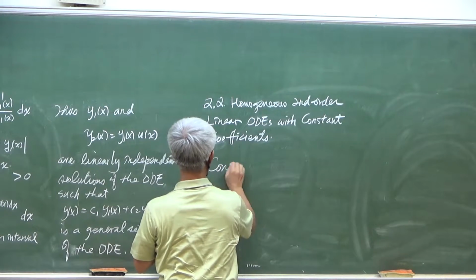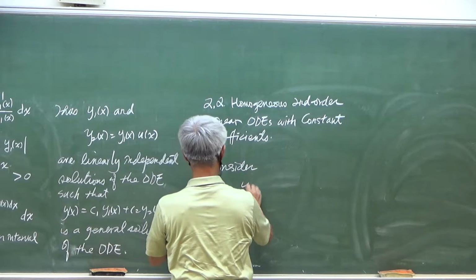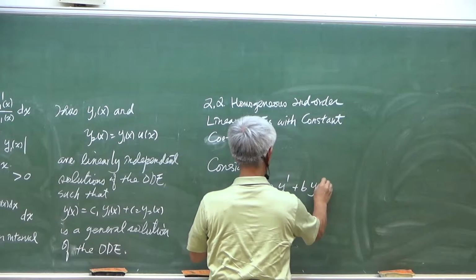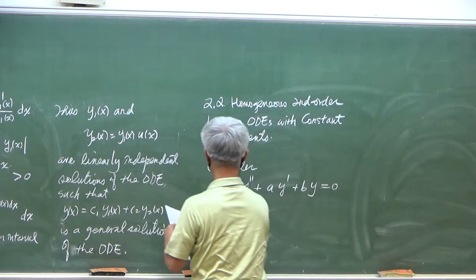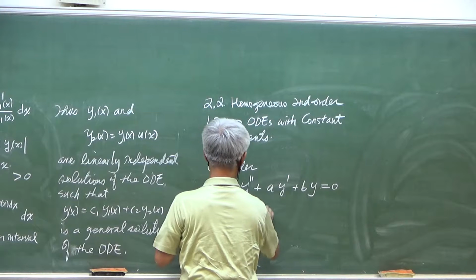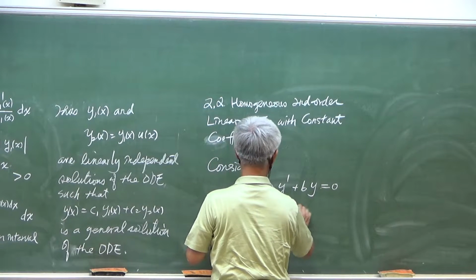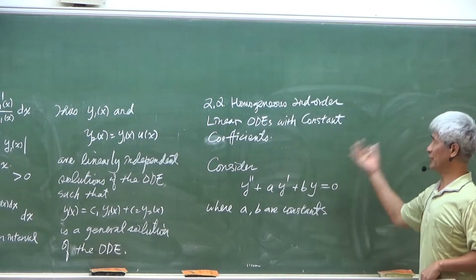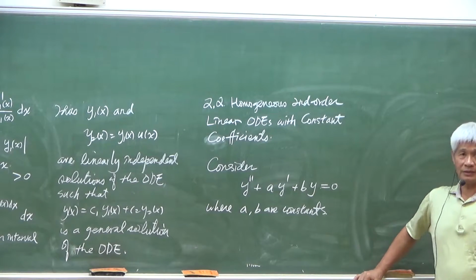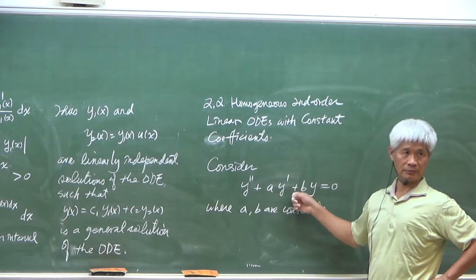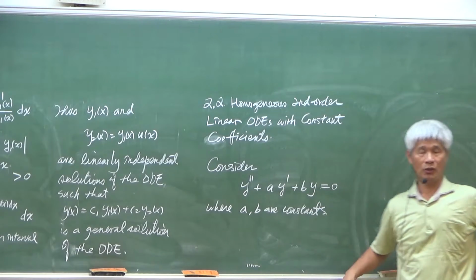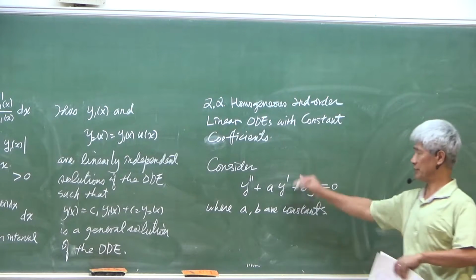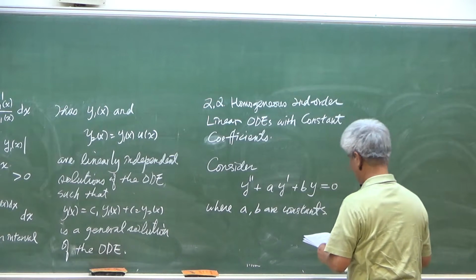Okay, so we consider y double prime plus a y prime plus b y equals 0, where a, b are constants. Very simple homogeneous second order linear ODEs because the two coefficients are constant functions.